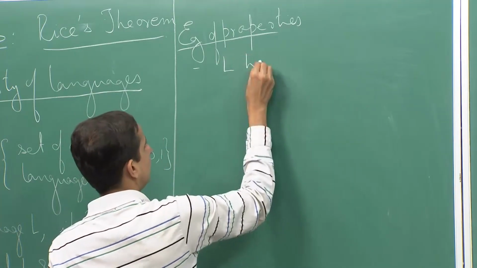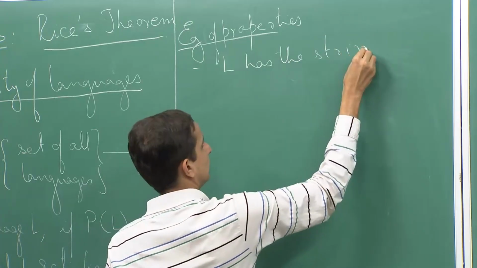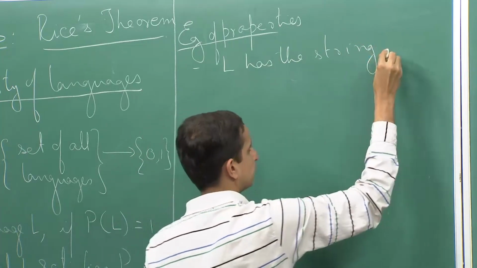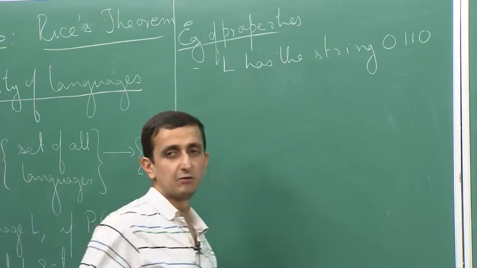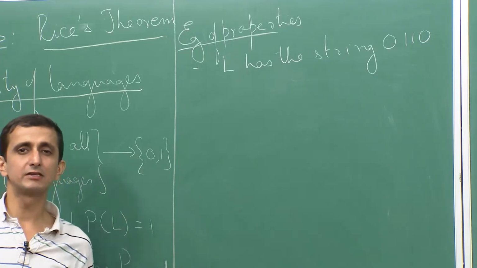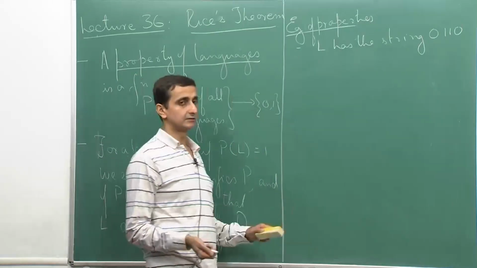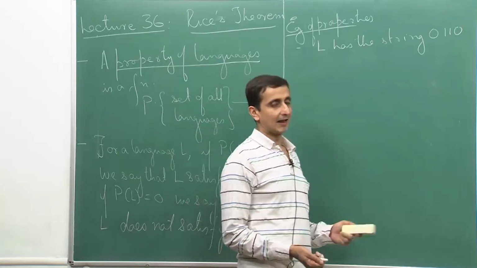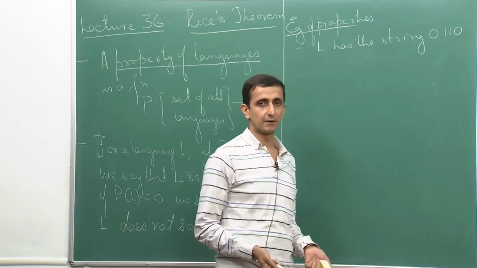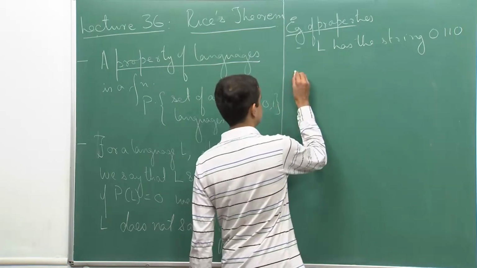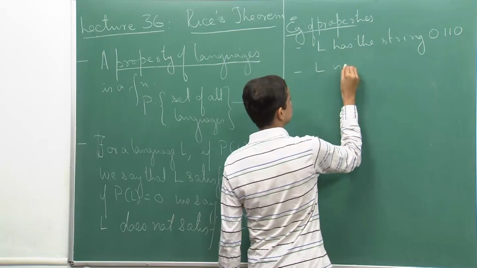L has the string 0110. There are some languages which will have that string, there are some languages which will not have that string. So, this is a property, such that languages which have this string satisfy this property, others do not satisfy this property.